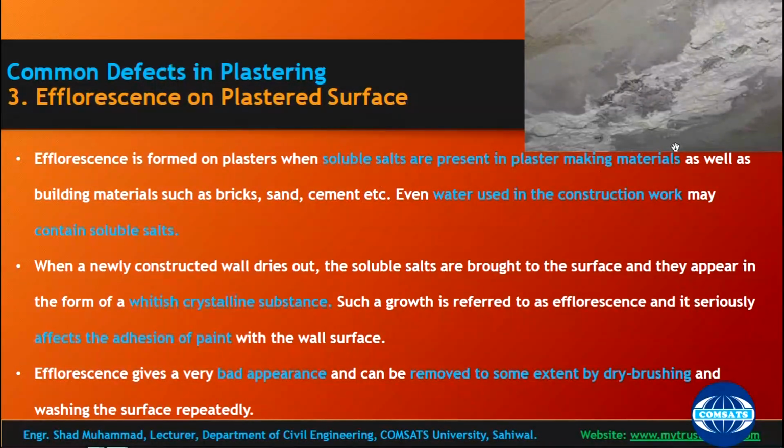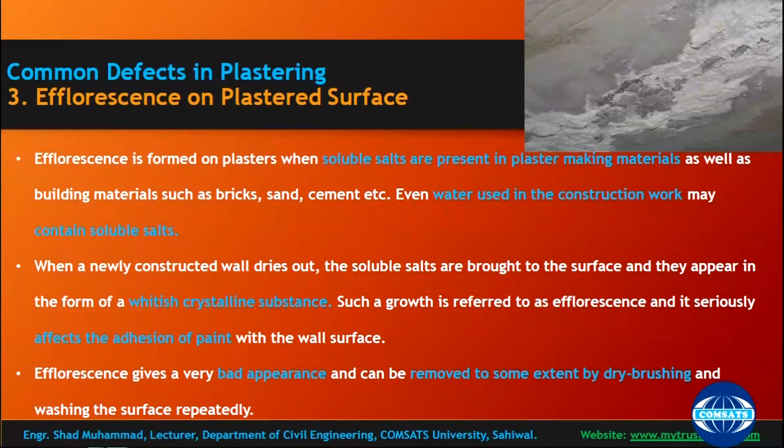Efflorescence on the plaster surface is a white powdery surface. When it emits outside, efflorescence is formed on the plaster when soluble salts are present in the plaster making material, as well as building materials such as bricks, sand, and even water used in the construction work may contain soluble salts. This also occurs due to soluble salts.